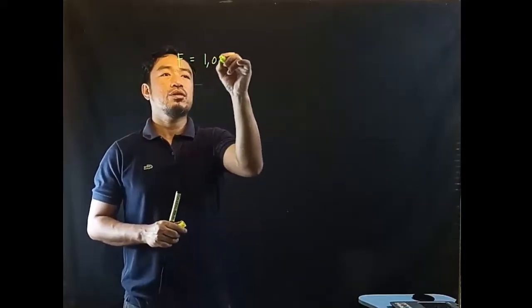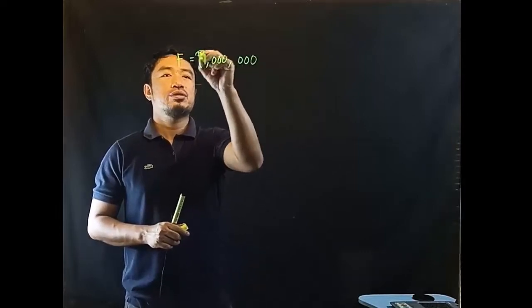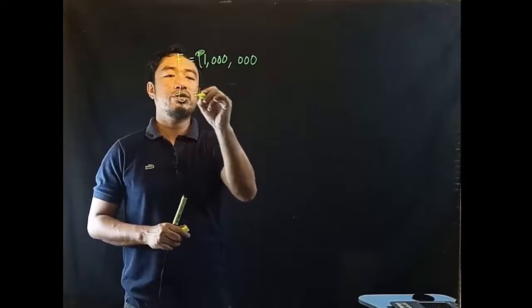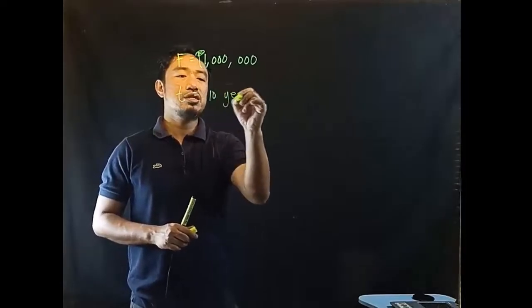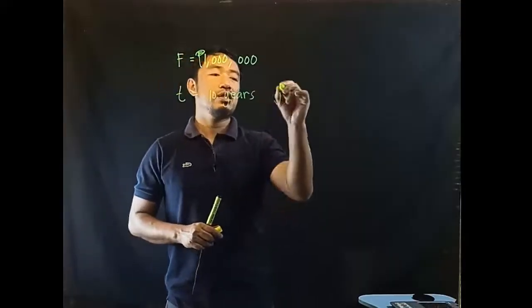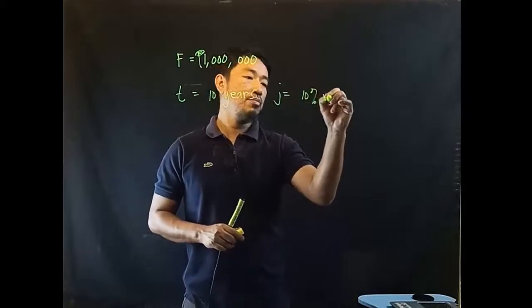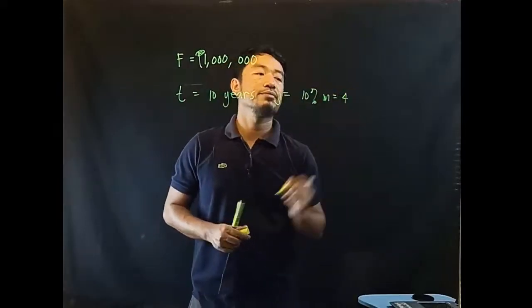So for instance, you are interested to know how much should be invested at present in order to gain a final amount of 1 million pesos over a period of 10 years with an interest rate of 10% compounded quarterly.